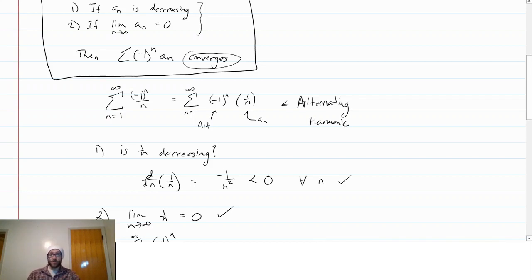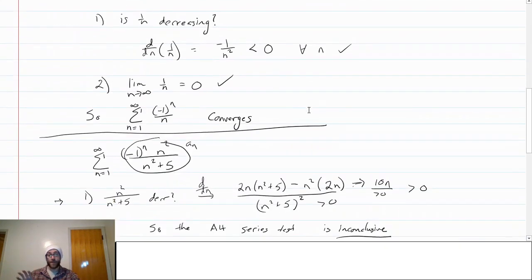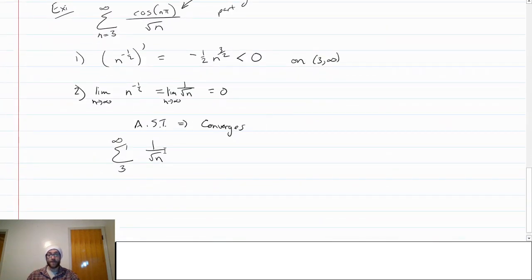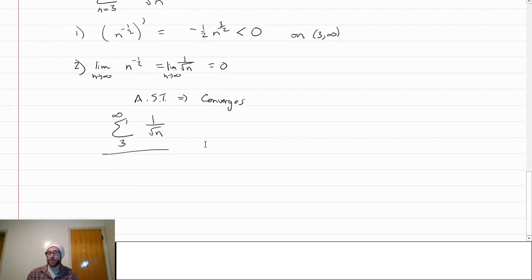So the alternating harmonic converges while the harmonic diverges, and this guy here diverges while its alternating part makes it converge. This is related to something called absolute convergence, which we'll talk about shortly in the next video or so. But it's an important thing to keep in the back of your mind.